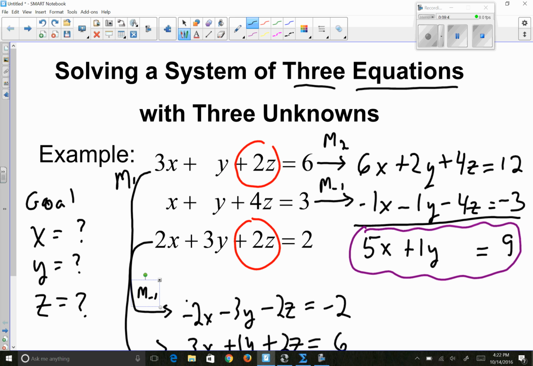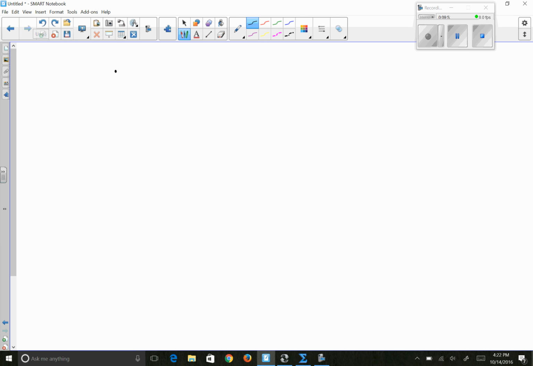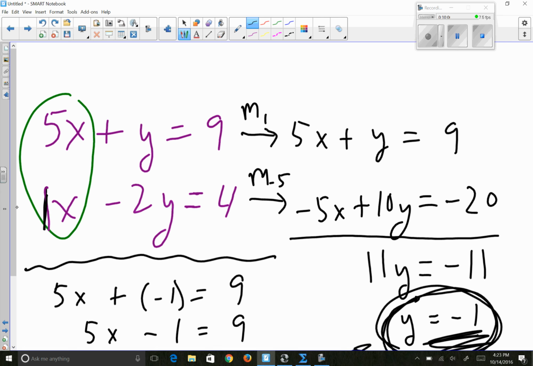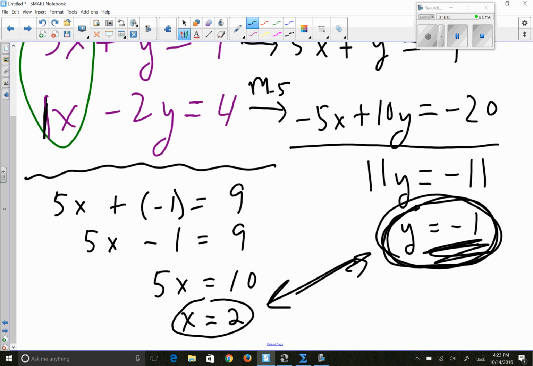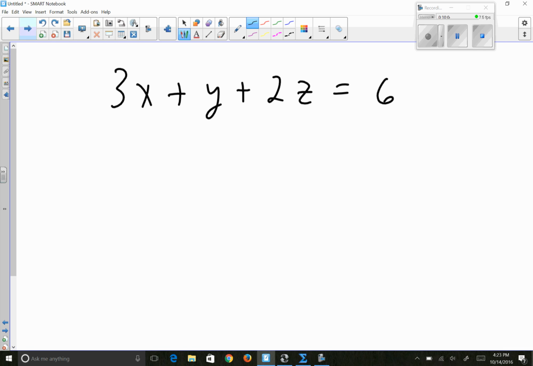I'll pick the top equation, 3x plus y plus 2z equals 6. And we're just going to plug in what we have so far. We have x equals 2 and y equals -1. We don't have z yet.